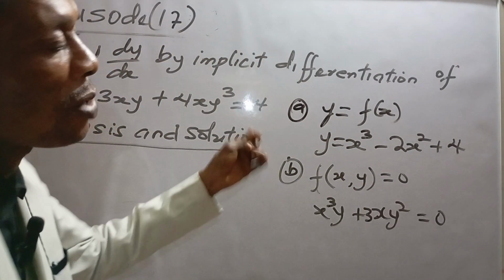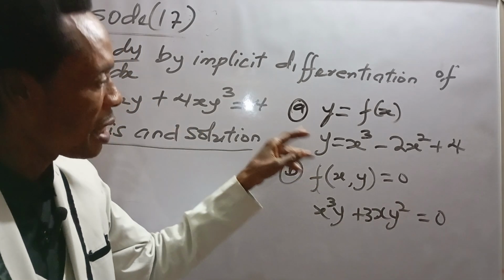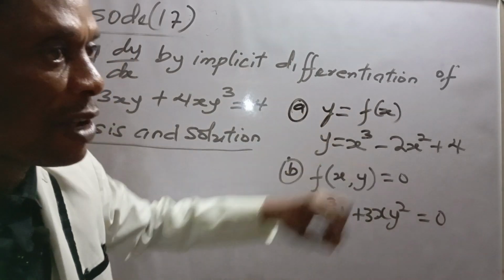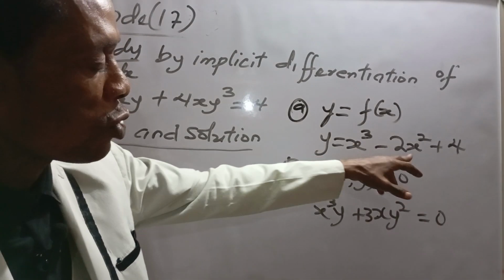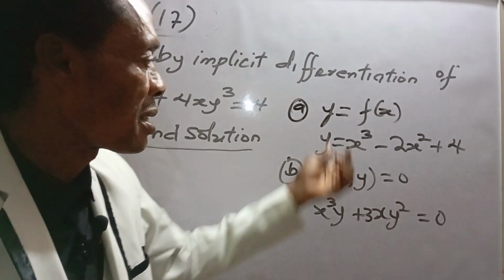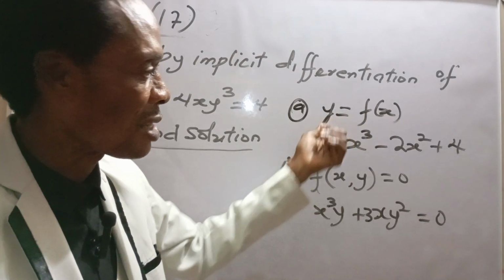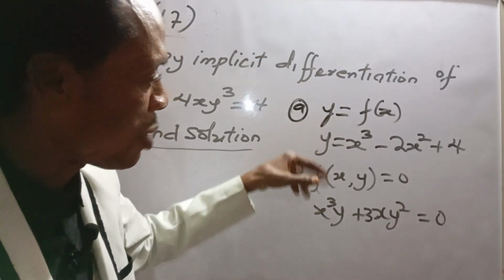Looking at these two examples, the first one, A, y equals f of x, where y equals x cubed minus 2x squared plus 4, is an example of explicit differentiation.